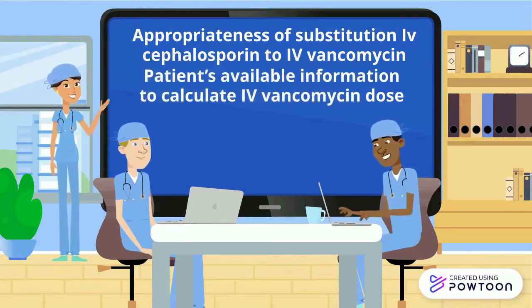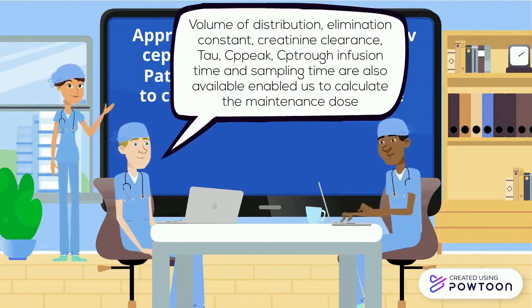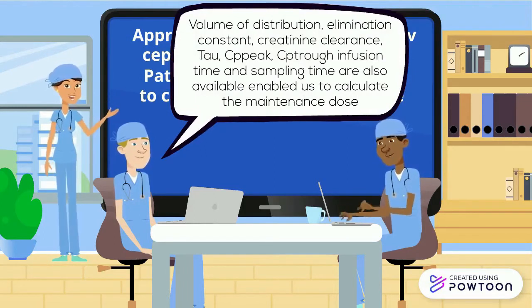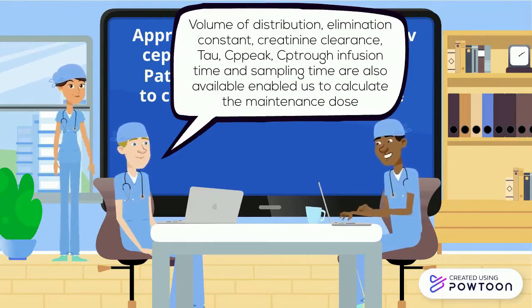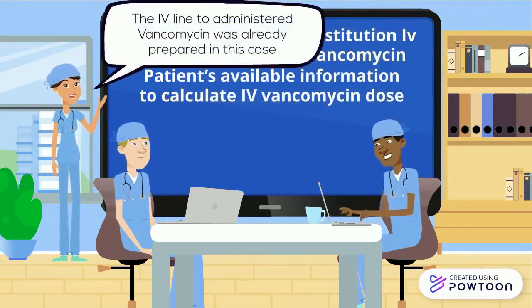In addition, volume of distribution, elimination constant, creatinine clearance, tau, CP peak, CP trough, infusion time, and sampling time are also available to enable us to calculate the maintenance dose. The IV line to administer vancomycin was already prepared in this case.